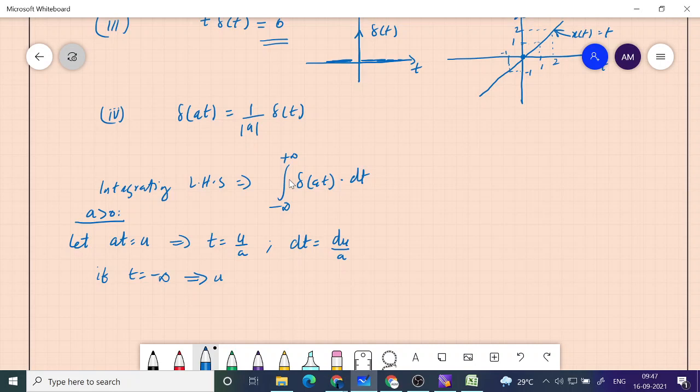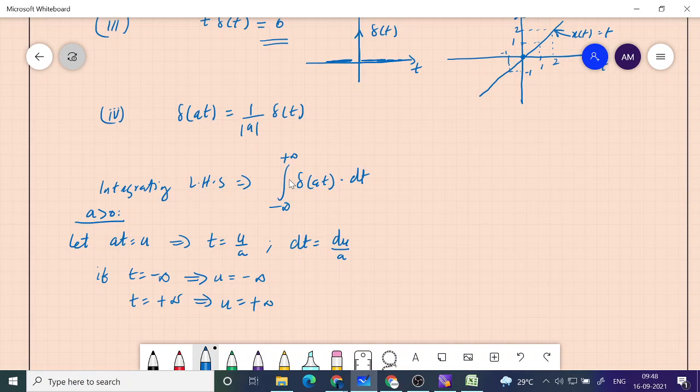So therefore this will also be minus infinity. If t is equal to plus infinity, then u is equal to a times plus infinity. Since a is positive, this is equal to plus infinity.